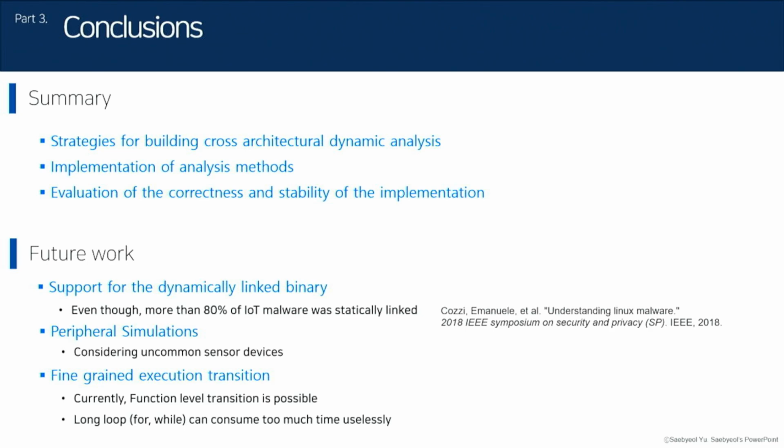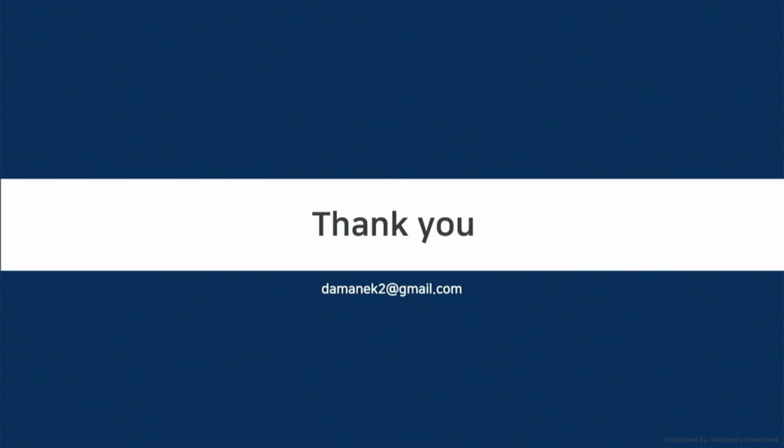The big one is related to dynamic link libraries. The second one is peripheral emulation or simulation. And the last one is fine-grained execution transition. In instruction level transition, we plan to research. Thank you.